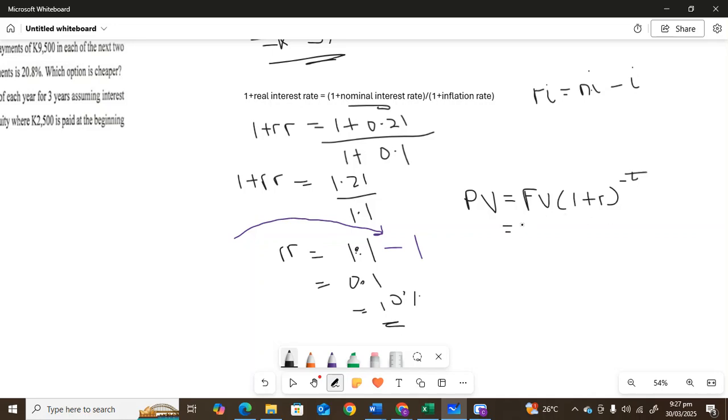The future value, we want to have 2000 in 3 years' time. So this is the 2000 here. Our rate, we're not going to use the 21%. We're using the real interest rate, which is 10%. 10% in decimal form is 0.1. The power negative 3, because we want to have this 2000 in 3 years' time.